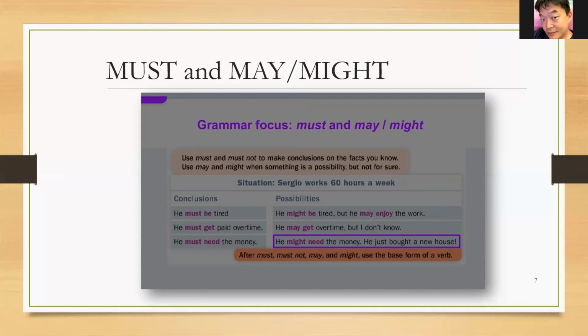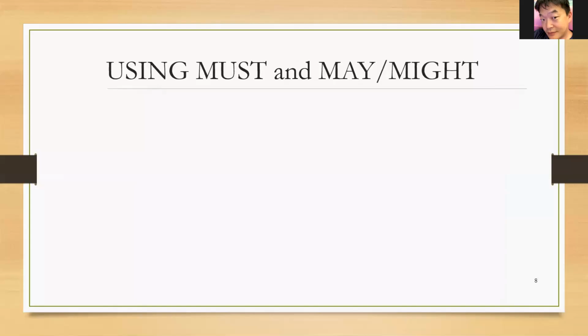But let me try to help you out here. So you heard about must and you heard about may and might. This is what we are learning today. So first, let's focus on must. You use must to indicate a conclusion, something that you are certain, something that you are sure about.